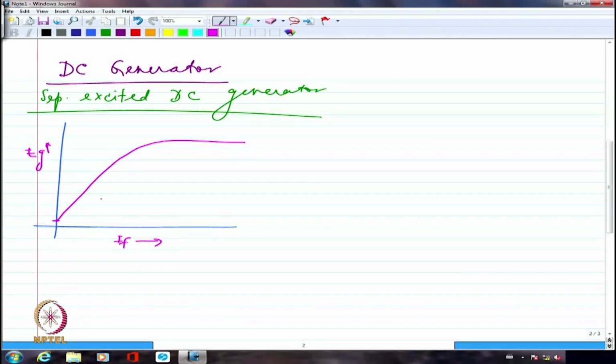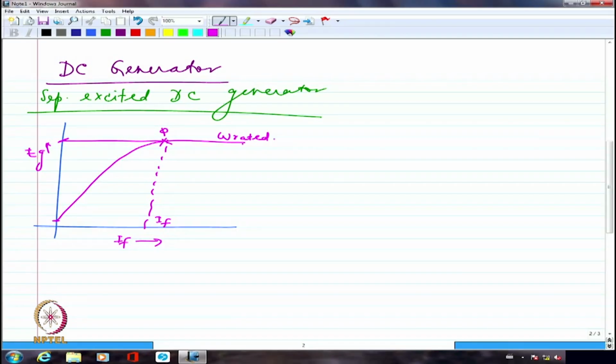We were talking about where the operating point is for this particular case. If I talk about the rated field current somewhat like this, this will be the rated flux as well. So this will be my rated generated voltage. This will be the operating point, and it corresponds to rated speed, when I am driving the generator at rated speed.